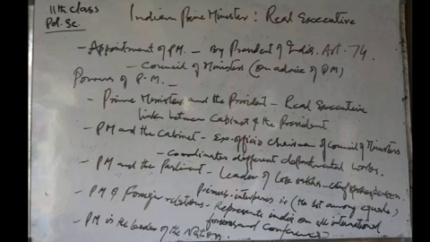We are going to discuss today the Indian Prime Minister, the real executive. The Constitution of India, Article 74, provides that there shall be a council of ministers with Prime Minister at the head to aid and advise the President.